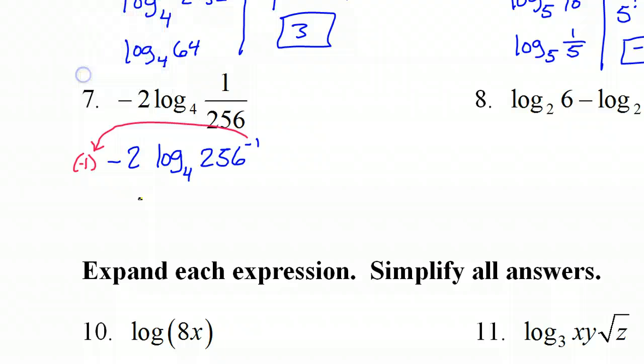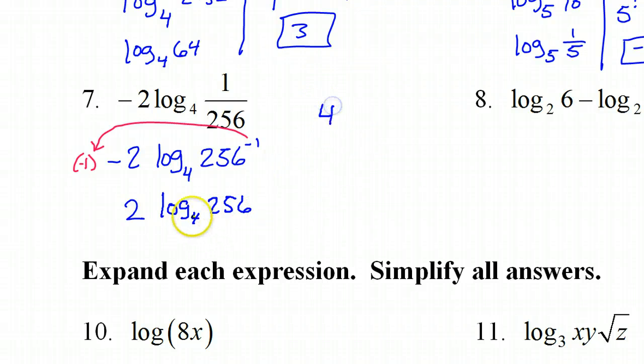So all that's going to happen is I'm going to have a positive 2 log base 4, and now I've just got the 256. I like it. No negative 1, no negative on the 2. Simple. Now I can go back to asking myself 4 to what power makes 256.